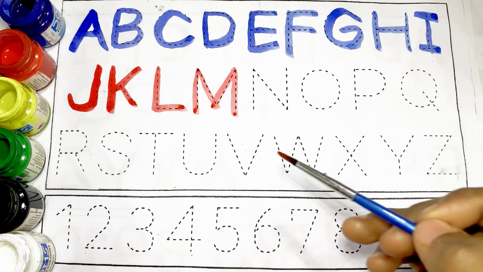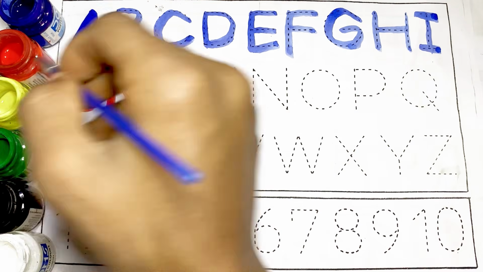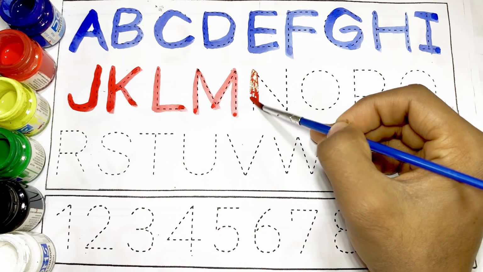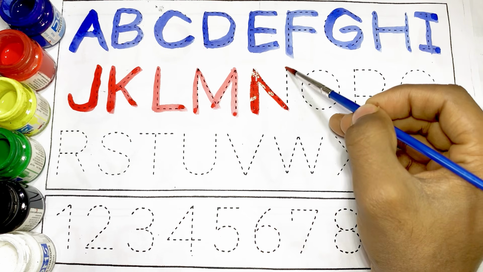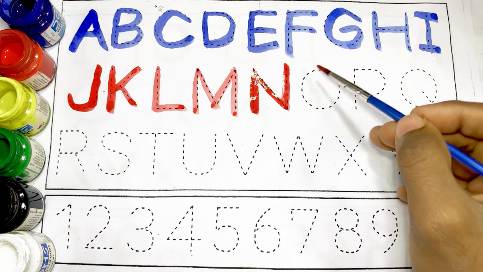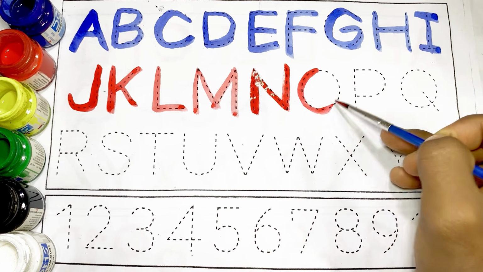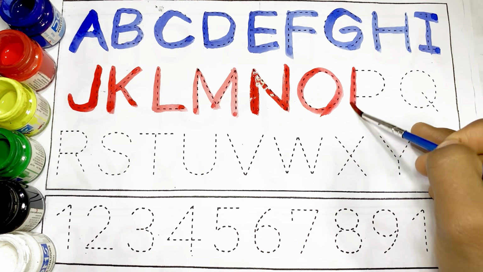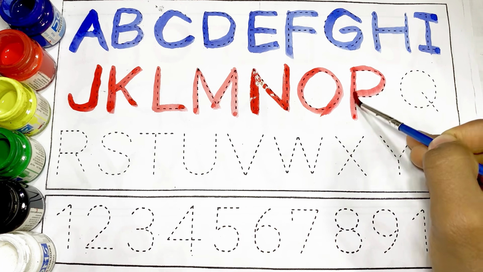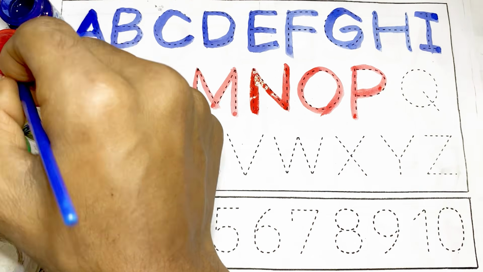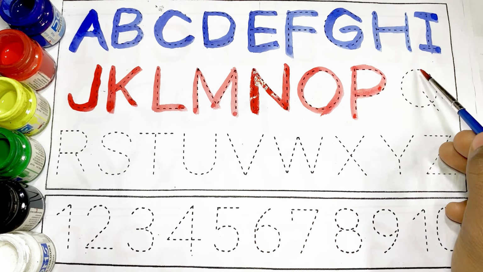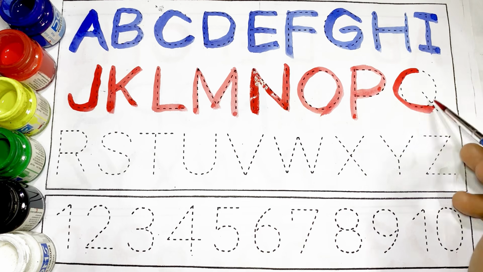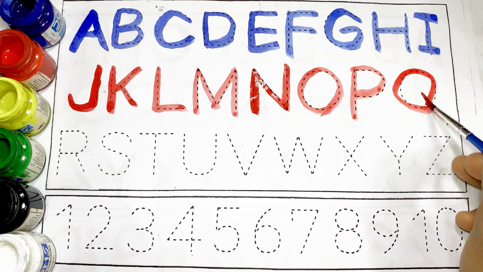M for moon. N for nest. O for octopus. P for penguin. Q for quill.